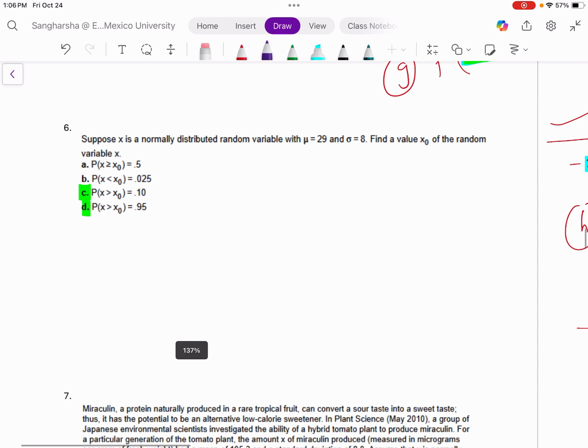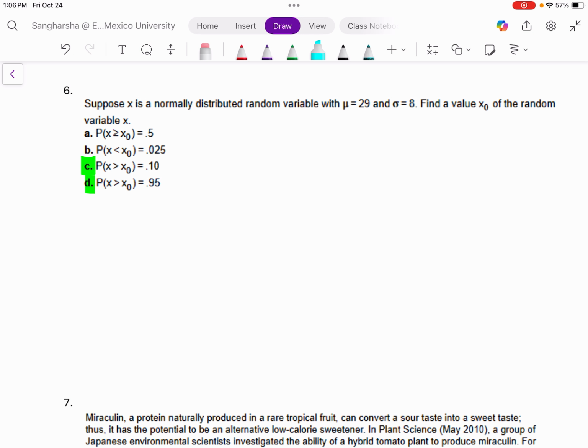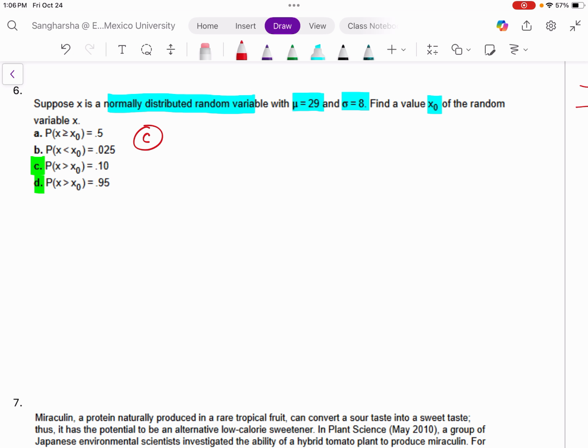Now in number 6, we have a normally distributed random variable. Our mu is 29, sigma is 8, and we are asked to find the value of x naught, let's say for part C. Since this is a normal distribution, the first step is to draw a bell-shaped curve and locate our mean, which is 29.